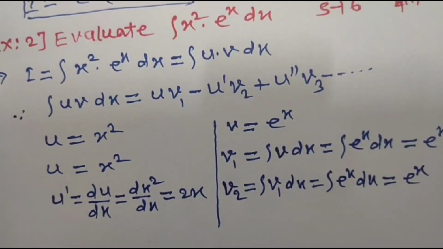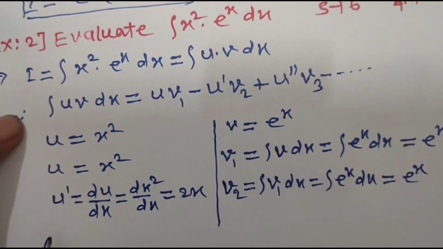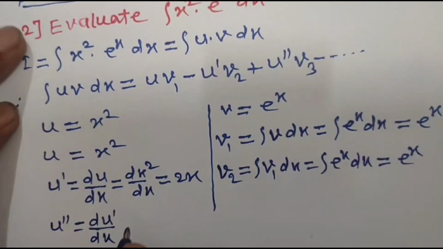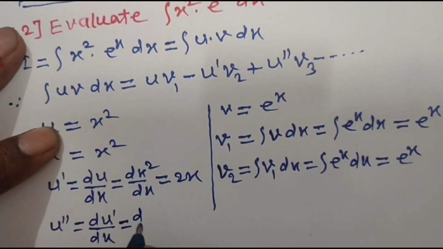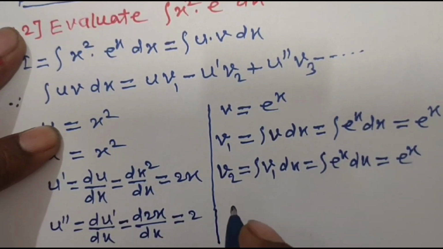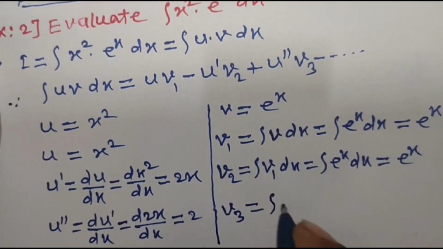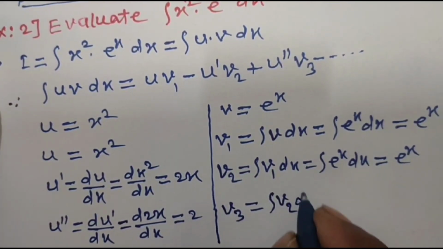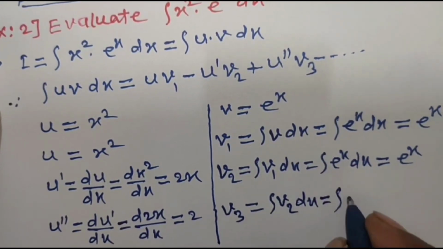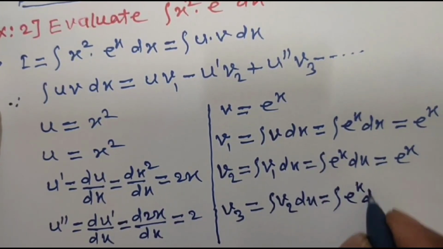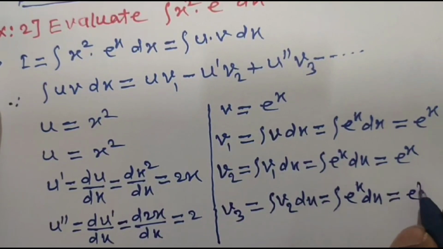We have to find the derivatives up to 0. So u double dash is equal to the derivative of u dash with respect to x, and the derivative of 2x with respect to x is equal to 2. And now with u double dash we want v3. v3 is equal to integral of v2 with respect to x, which is equal to integral of e to the power x, that is e to the power x.